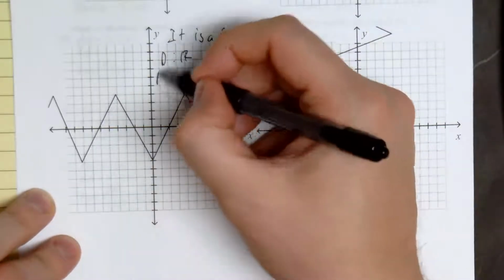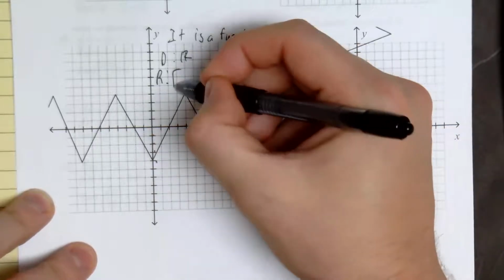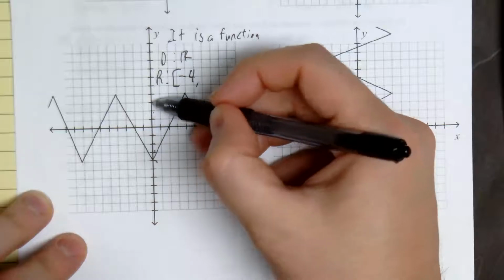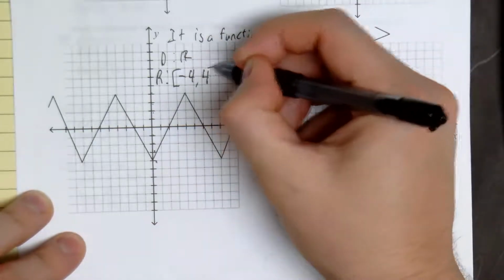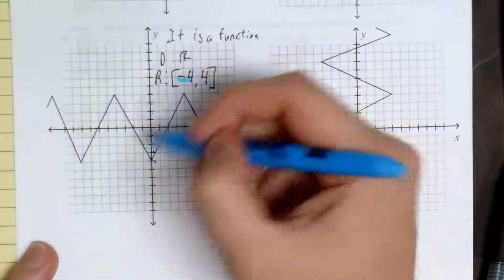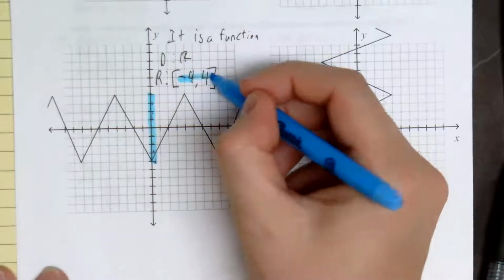The range though, 1, 2, 3, 4. Looks like the lowest point will always be negative 4, and it has a high of 4. So the range started at negative 4 and ends at positive 4.